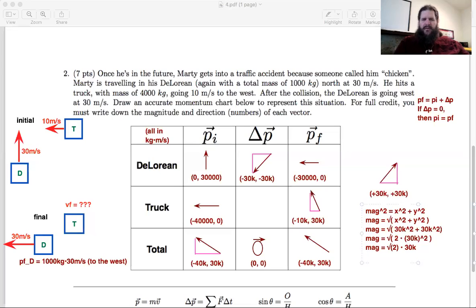Square root of 2 is about 1.4-ish, and may as well get a reasonably accurate number, about 42,426. And of course, that will be kilogram meters per second. So that's our magnitude here. Any questions on that so far?